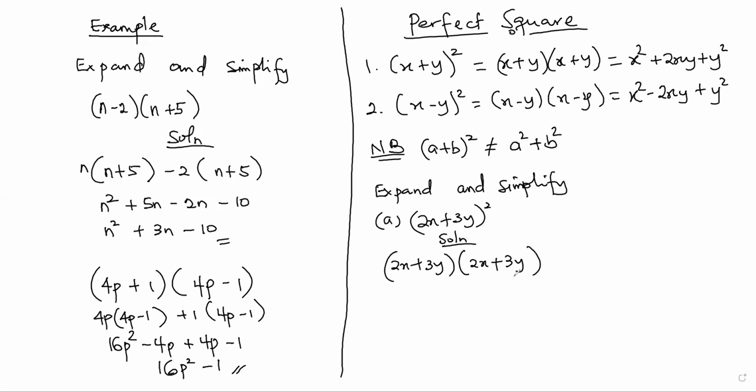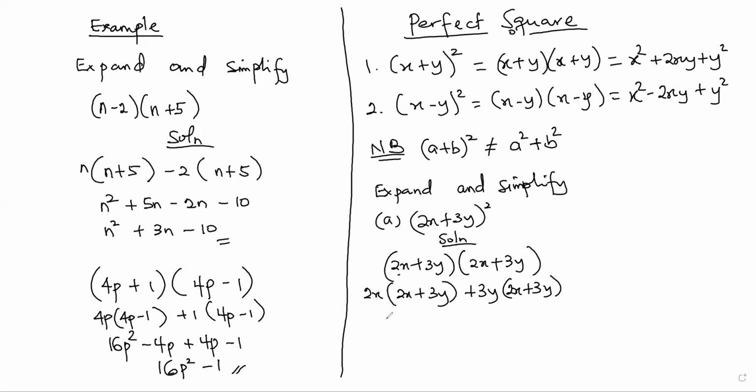Okay, the same sign. So we'll take our first 2x, use it to multiply everything here. So you have 2x plus 3y. We take the positive 3y here, use it to multiply everything in this bracket. So you have 2x plus 3y.